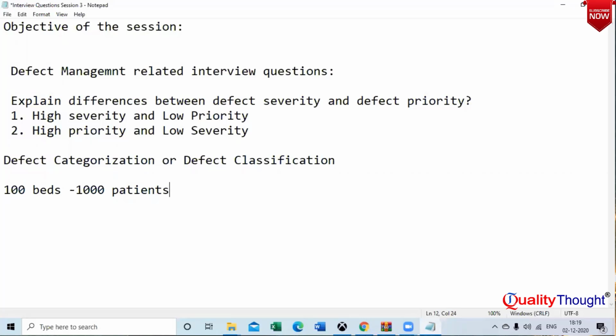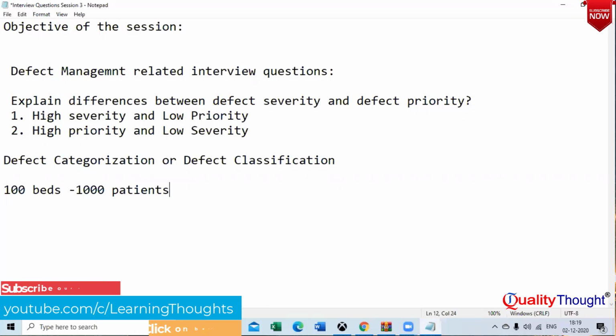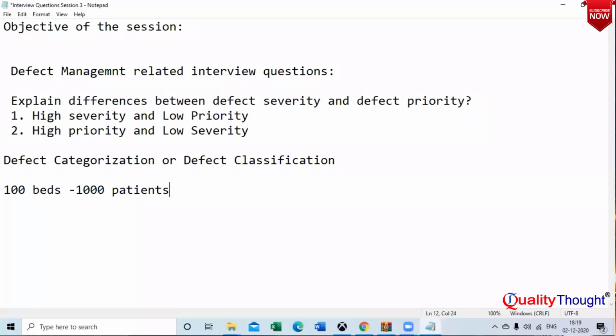In such a scenario, they have to categorize the patients based on the severity of the patient: critical severity patients, high severity patients, medium severity patients, low severity patients.